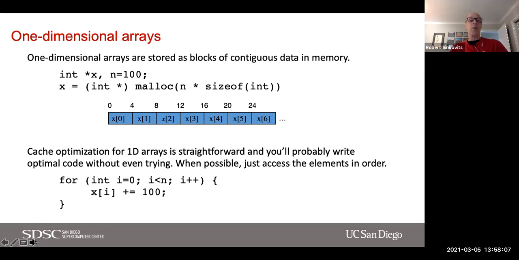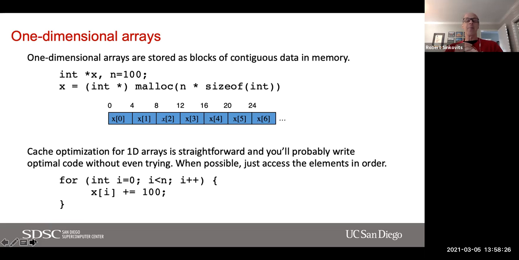Okay, so if we're working with one-dimensional arrays, it's going to be very easy to make good use of cache. 1D arrays are stored as blocks of contiguous data in memory. Here's an example, a little snippet of C code, where I'm allocating an array of 100 integers.